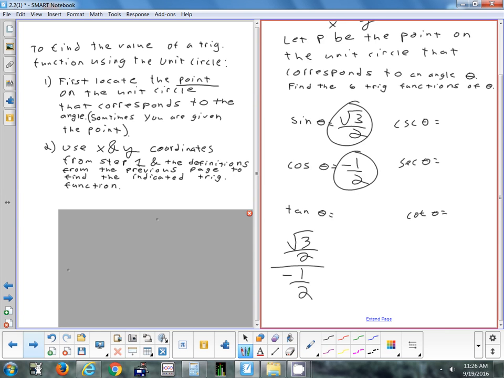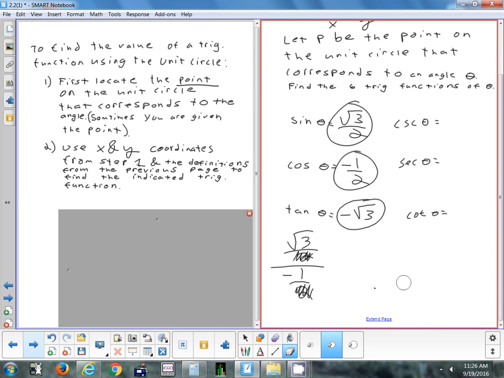Yeah, the 2's cancel out. Some people flip and multiply by the reciprocal, and the 2's are still going to cancel. It comes out the same way. So I have square root 3 divided by -1. That's negative square root 3.